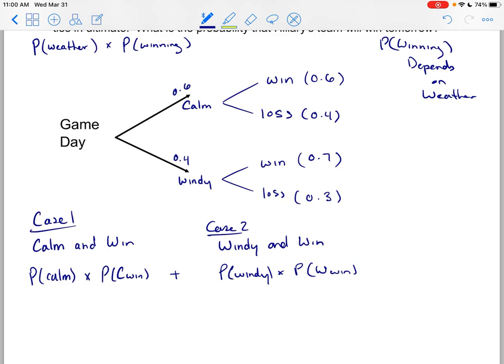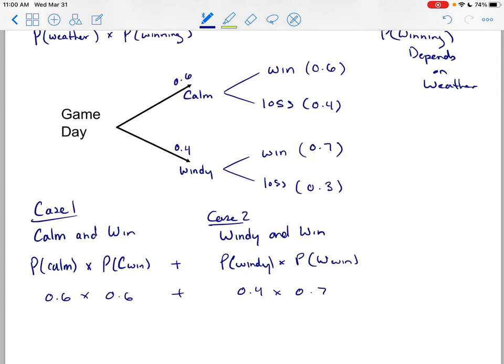So we get 0.6 that it's calm times 0.6 of a win in calm weather, and then it is a 40% chance that it's going to be windy times 70% that they win in windy weather.